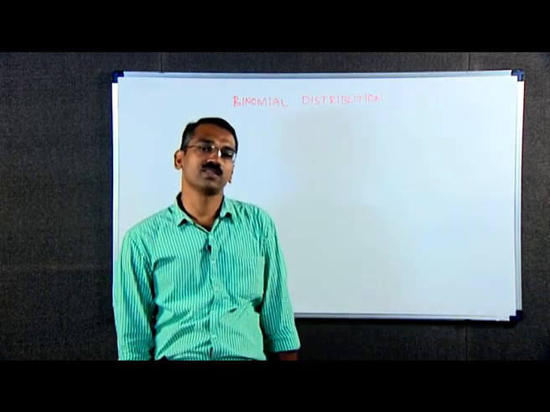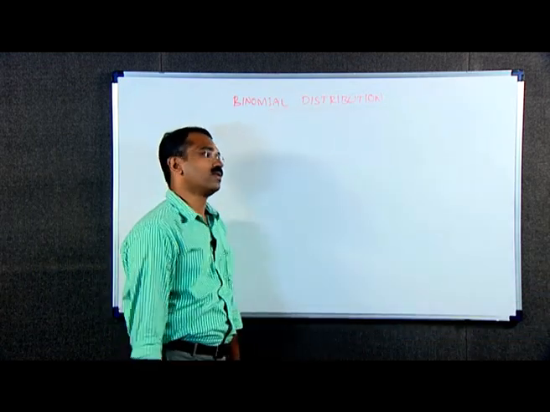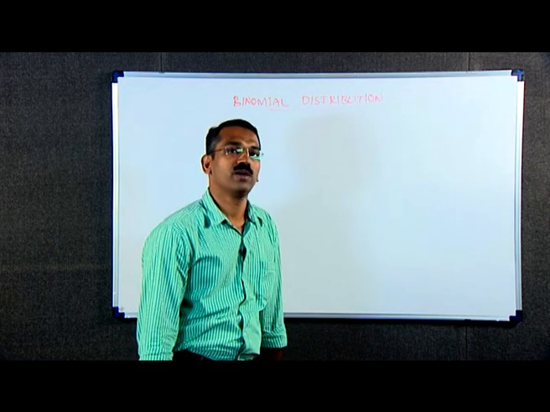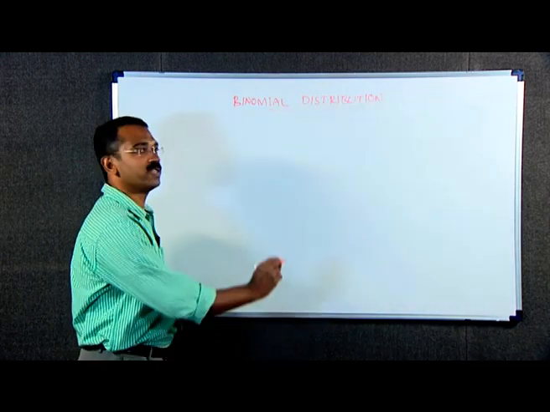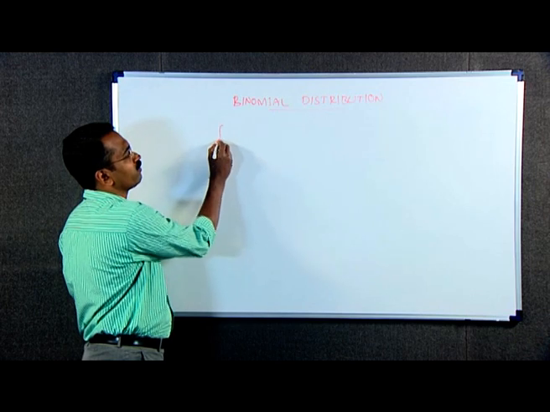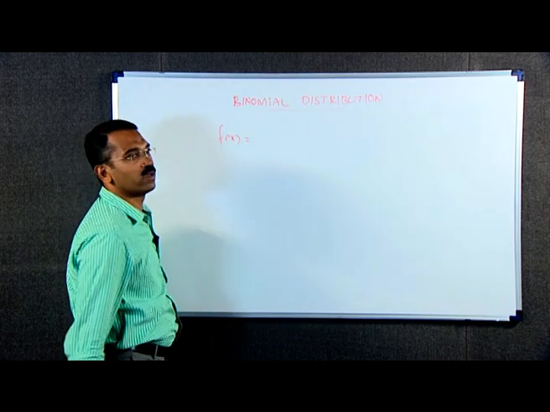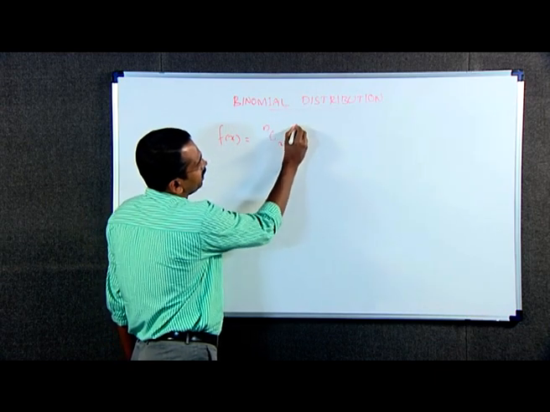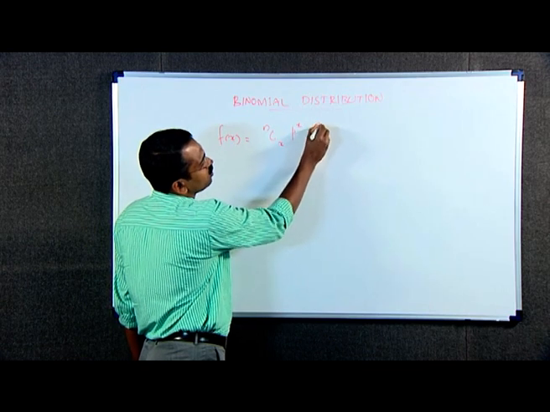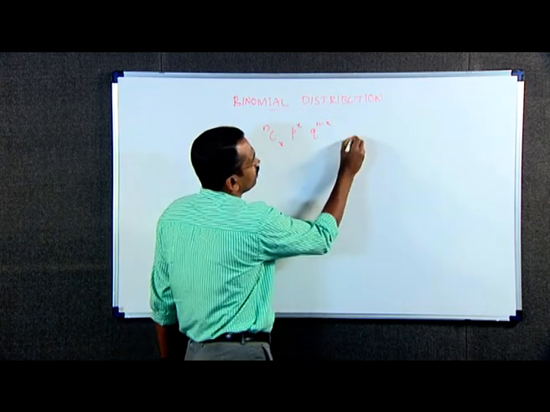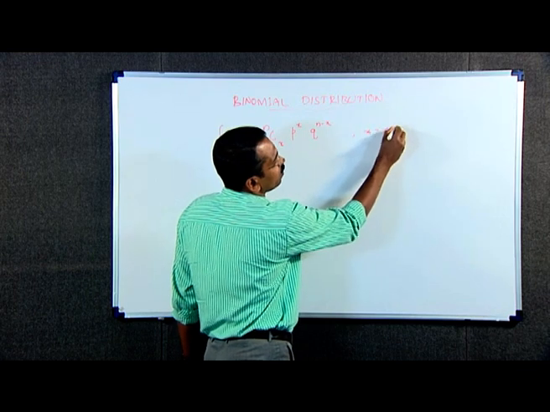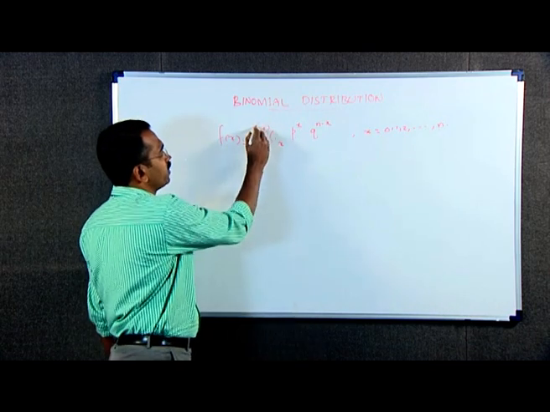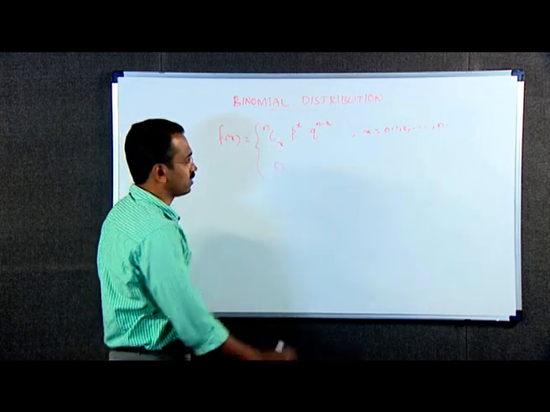If x is a discrete random variable, then we say that x follows a binomial distribution if its probability mass function f of x is given by f of x is equal to n choose x, p raised to x, q raised to n minus x, for x equal to 0, 1, 2, 3, etc. up to n, and f of x is equal to 0 otherwise.